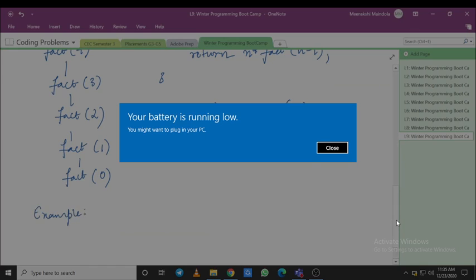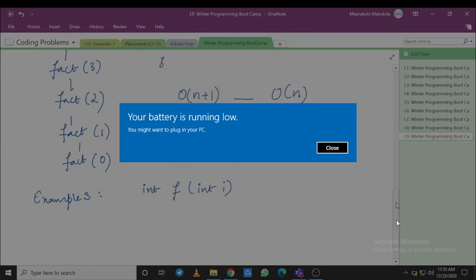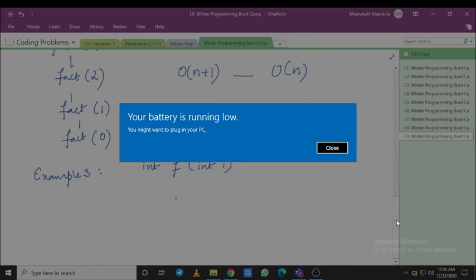Along with the recursive function, you are also going to have a piece of code with a loop, for example. Say I have a function int f, and I am passing a variable I. You check if I is equal to 1, then return 1.